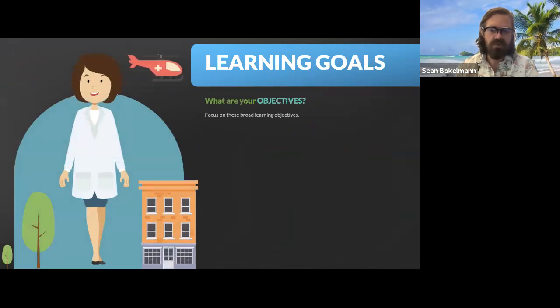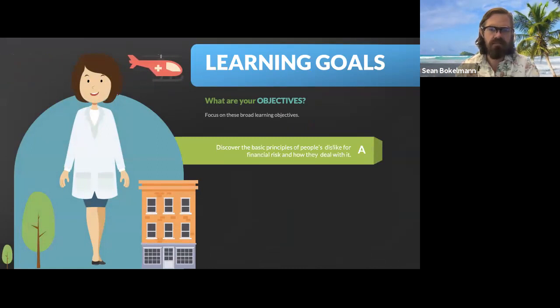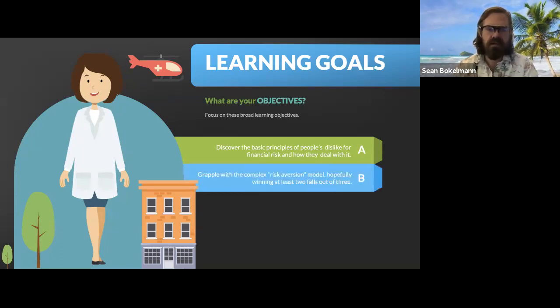Okay. So as far as what you should be trying to learn from this chapter, we're going to discover the basic principles of people's dislike for risk, particularly financial risk, and the different ways that people can deal with it. We're also going to grapple with the complex risk aversion model.